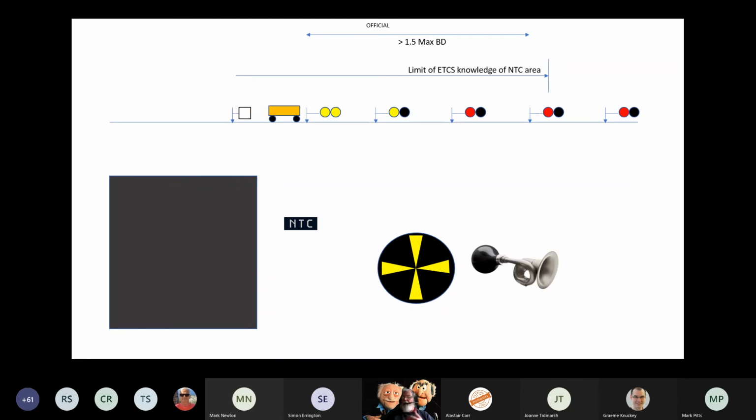And now, of course, the first signal is double yellow, so they will get the AWS horn, and the sunflower will be returned after they've acknowledged the horn. So they're now operating in NTC and approaching a double yellow signal. Remember, from double yellow, they have full braking distance to the stop. So they haven't needed to reduce any speed, but they will need to react quite quickly in order to stop at the red signal.